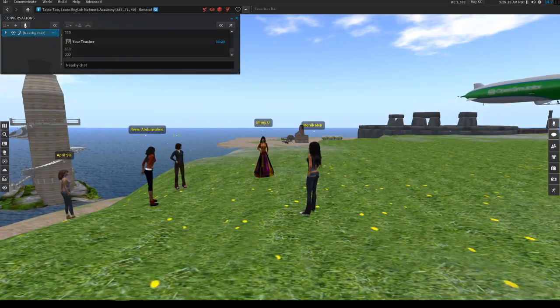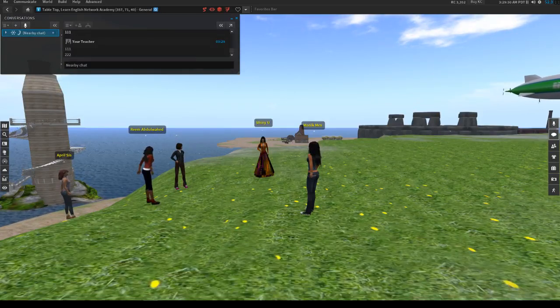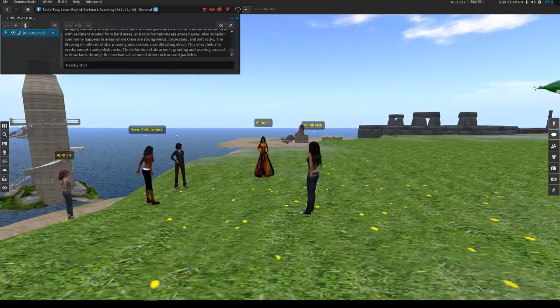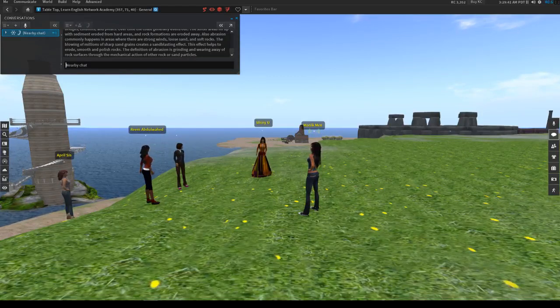Okay. Then Monique, if you'd like to read a little bit more. Okay. On non-rocky coasts, coastal erosion results in rock formations in areas where the coastline contains rock layers or fracture zones with varying resistance to erosion.